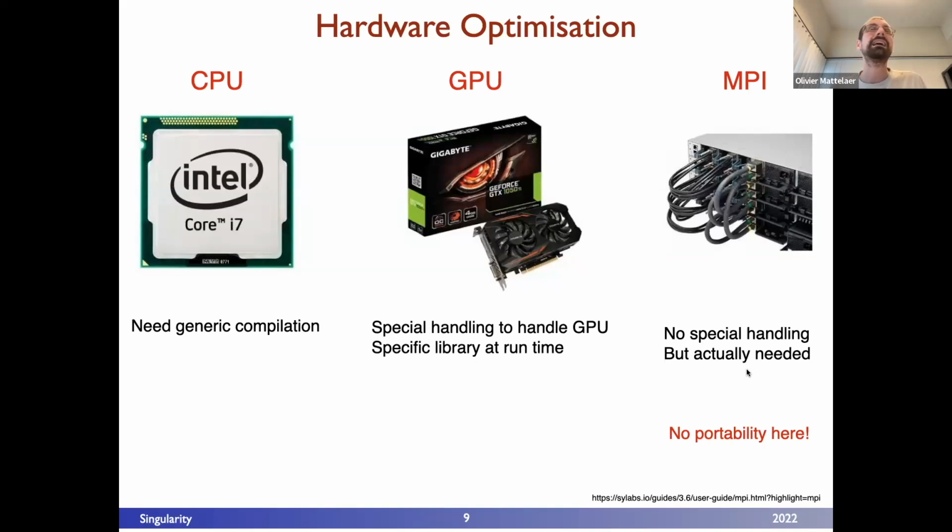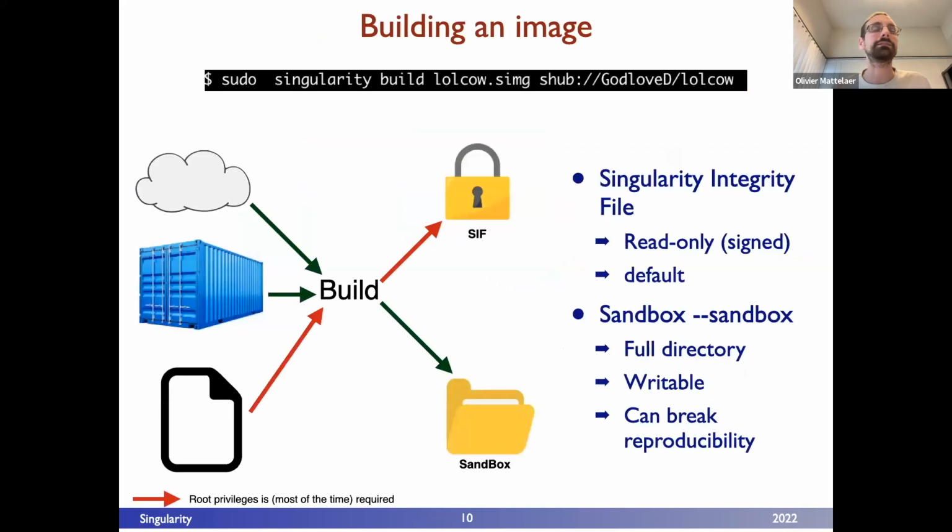So portability and MPI is in a situation which is far from perfect. The information has been reported to the Singularity author, actually to the Apptainer author. We'll see if that's going to improve. It's part of the documentation, but in practice, okay. We'll see if that improves, I would say, in the future.